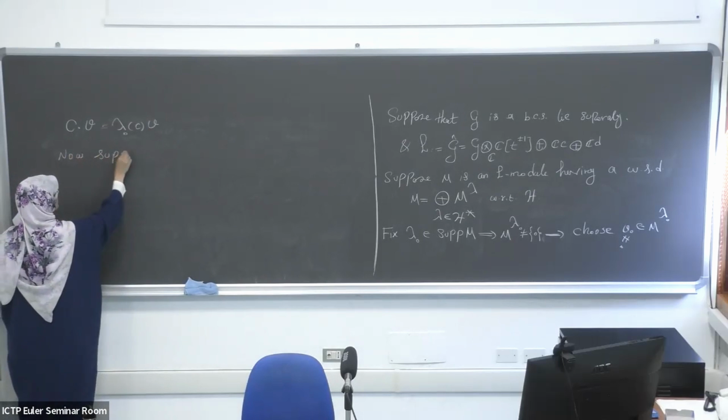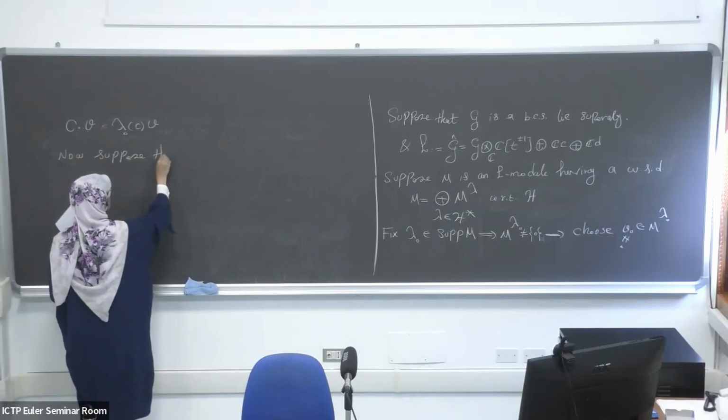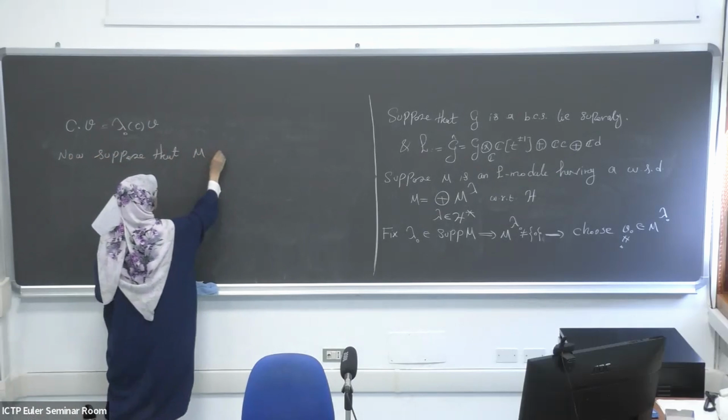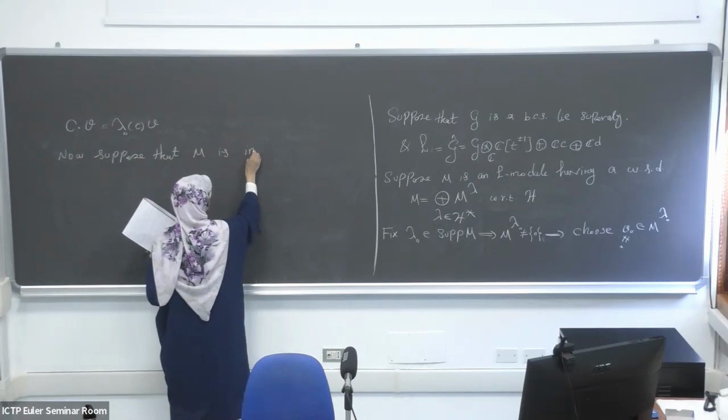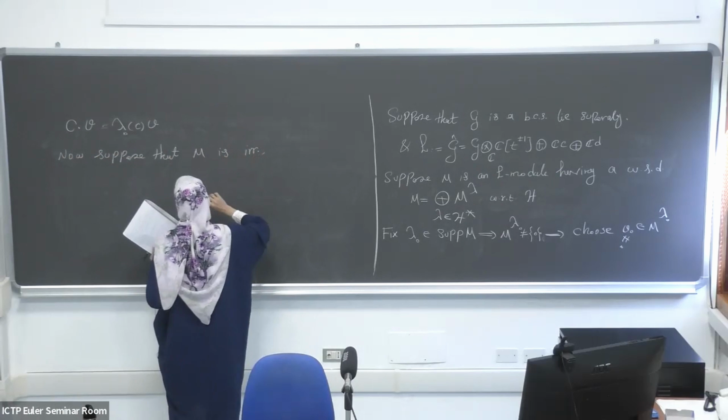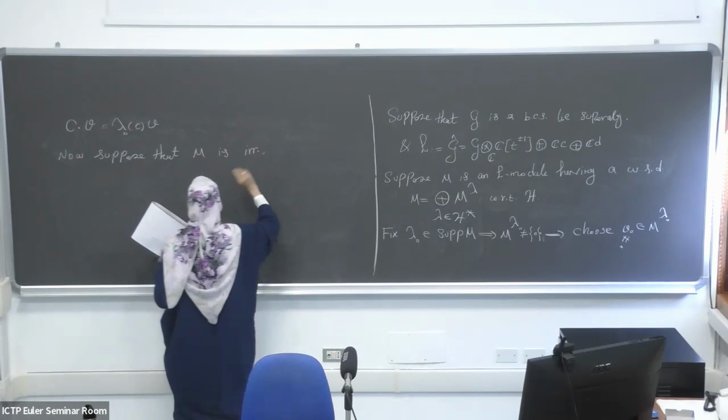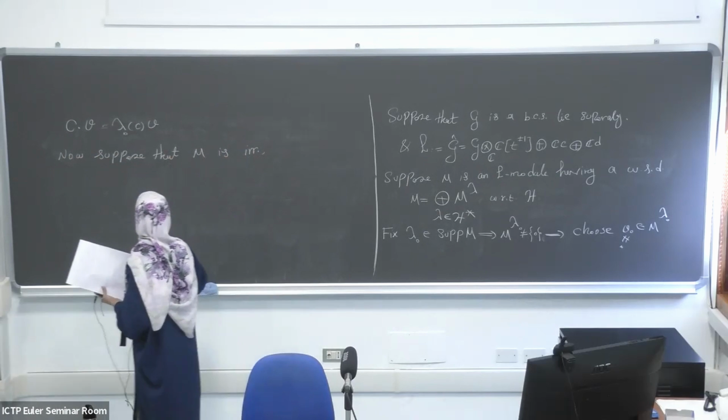Okay. Now, suppose that M is irreducible. Okay.